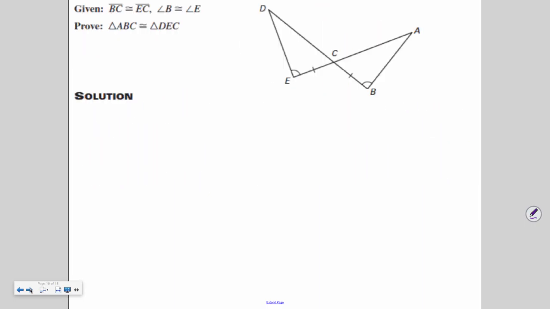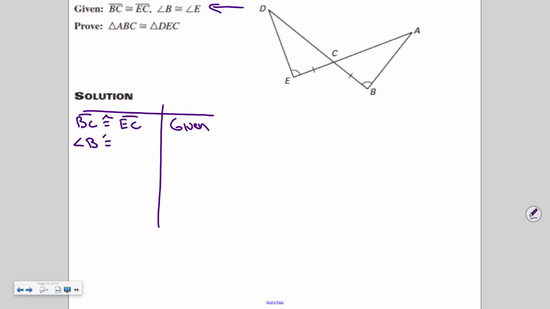In example 3, again, I will do this using both two-column and paragraph proof. I always start off with what is given. In my two columns, BC is congruent to EC because it's given. Angle B is congruent to angle E because it is given.